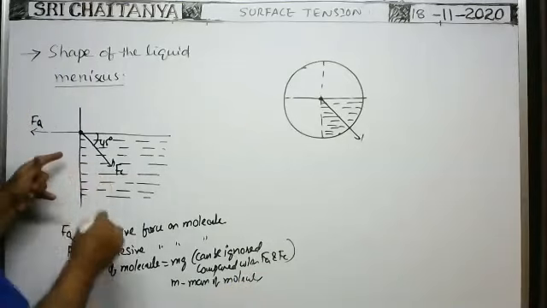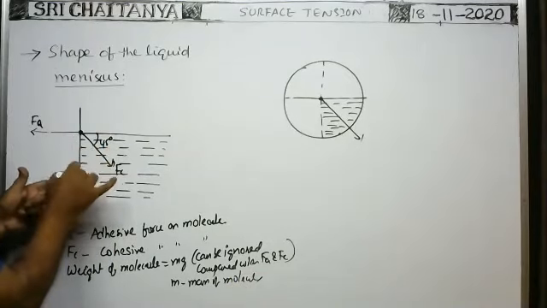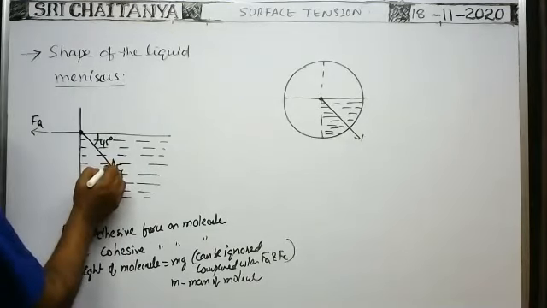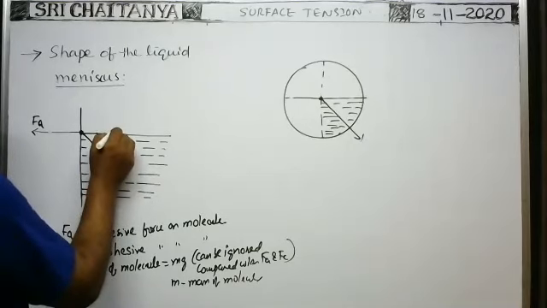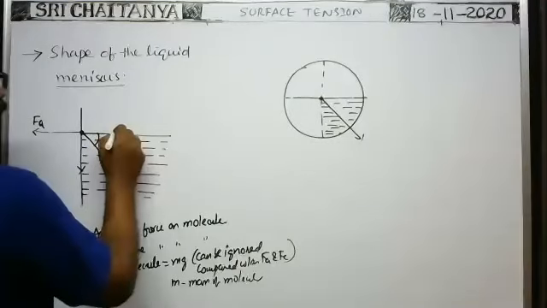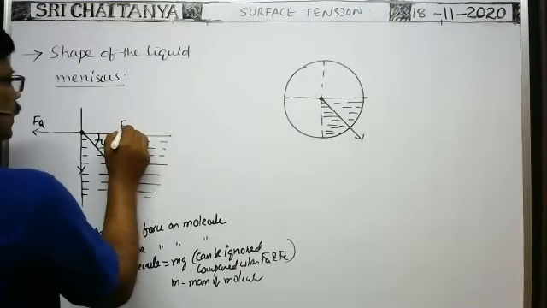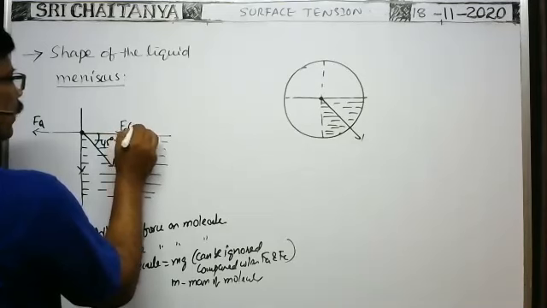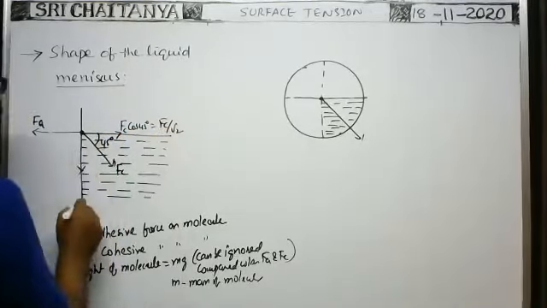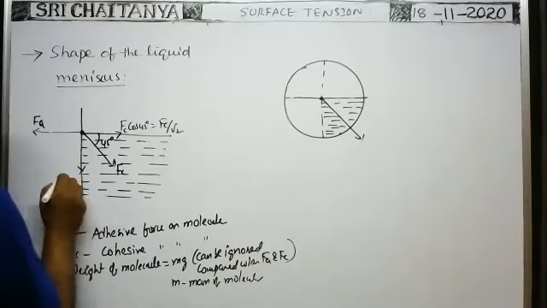That is why I did not draw this weight. Now resolve this cohesive force into components, one along the tangential direction to the surface of the liquid and one along the vertical direction. In this direction the component is Fc cos 45, which is equal to Fc by root 2. And this component is Fc sin 45, or Fc by root 2. Okay.